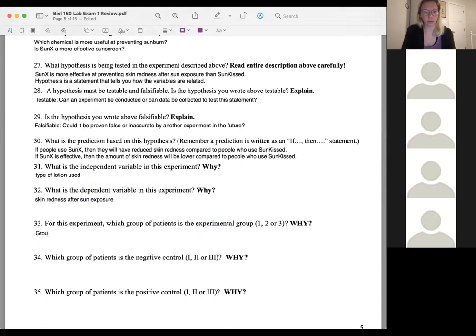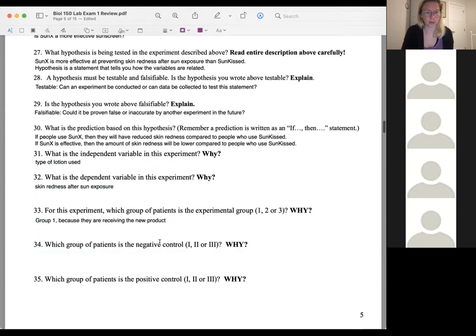So group 1, because they are receiving the new product, the new sunscreen. All right, negative control. The one who doesn't receive a sunscreen. Right, the ones with just the regular lotion. So I believe that is group 3. The lotion has no active sunscreen chemical.